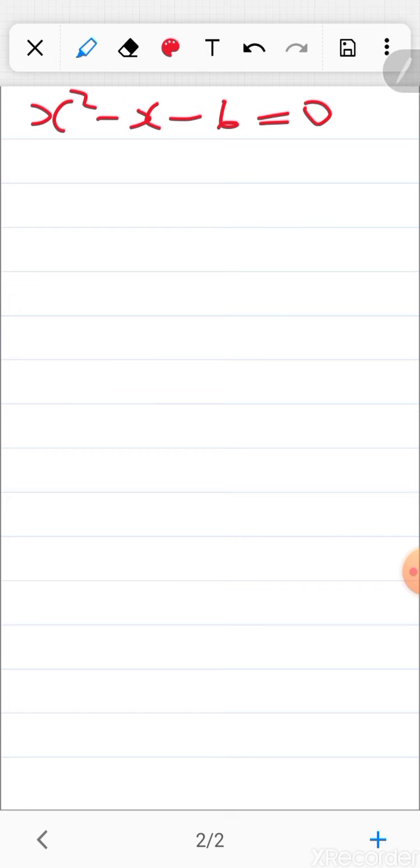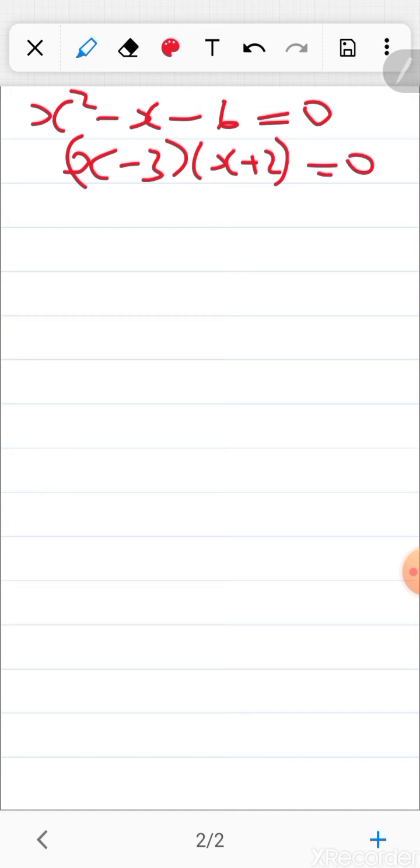And when I factorize this, it will end up being x minus 3, x plus 2. Also, you can pause and factorize this using UFO or any other method that you prefer to use. And I think you can see that I'll get x equals 3 or x equals negative 2.